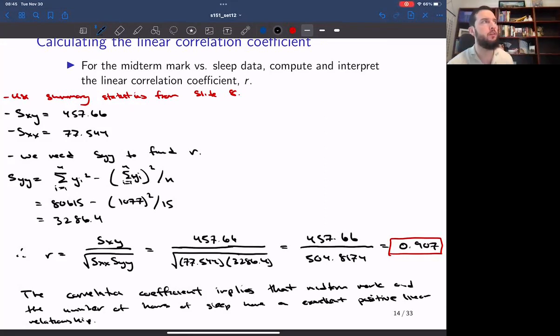Now, interpreting the correlation coefficient is somewhat subjective, but we can sketch out some rough guidelines.